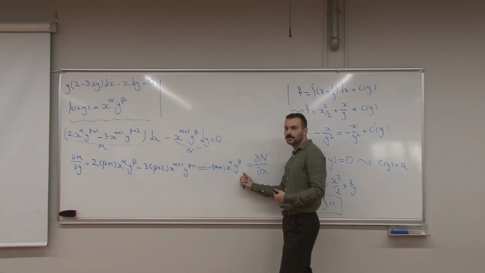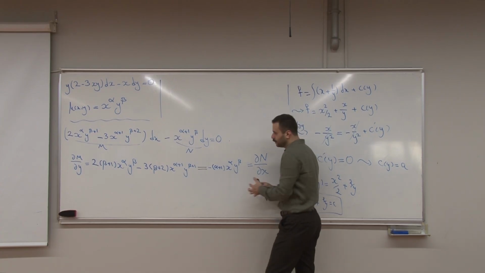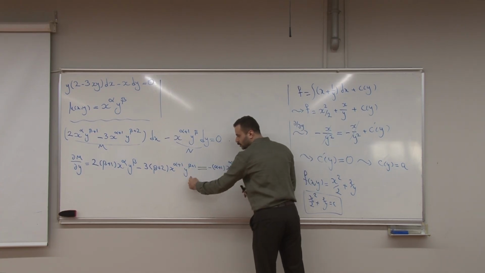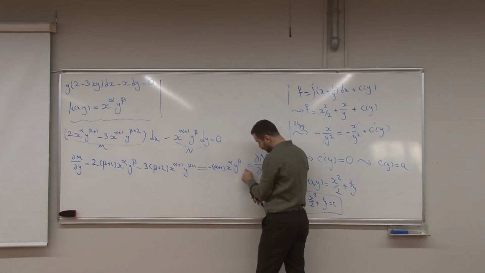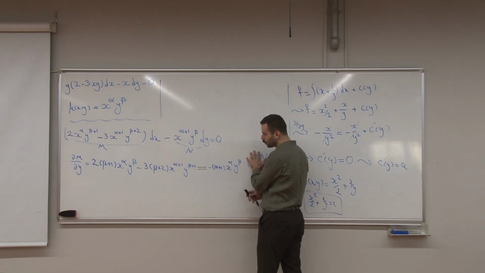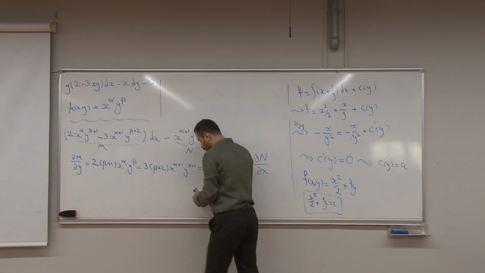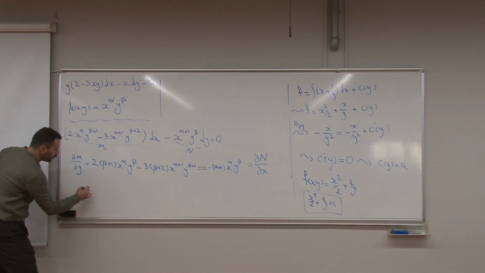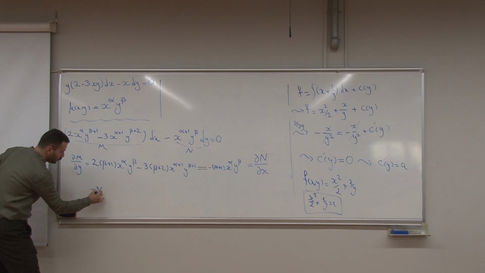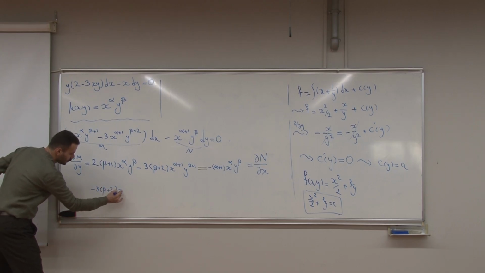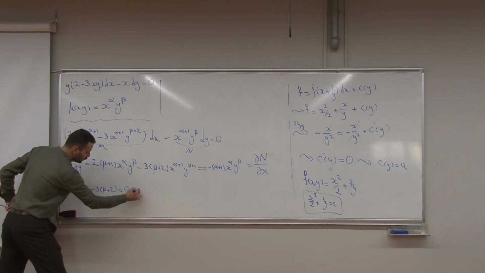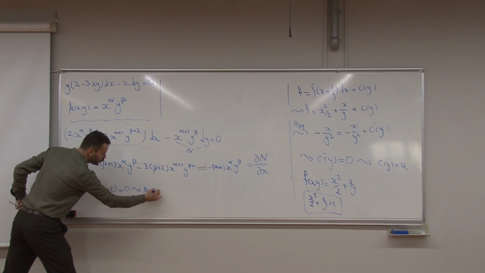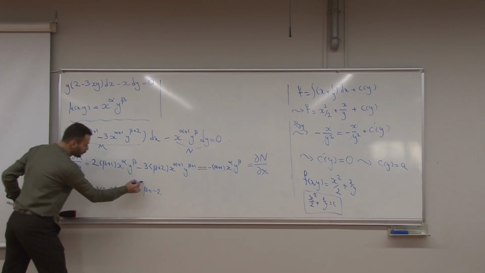No, so it will be 0. Or the coefficient of x to the power of alpha plus 1, y to the power of beta plus 1 in this right hand side is equal to 0. So this coefficient must be 0. So from here, can we say that beta equals minus 2? Yes, of course, because this is 0, and from here we have beta equal to minus 2. Okay?